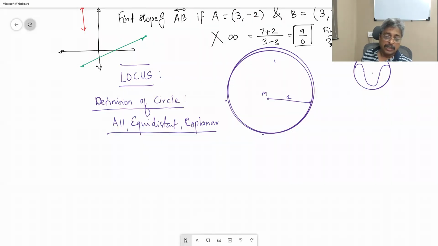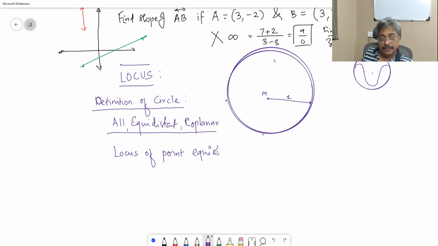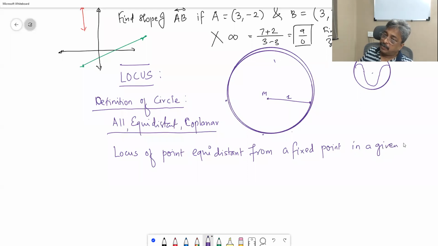So it's the locus of a point equidistant from a fixed point in a given plane. Okay, that is what you can remember as the definition of a circle.